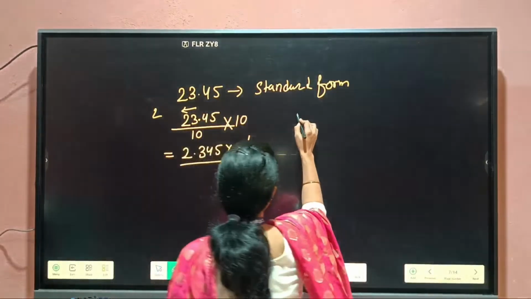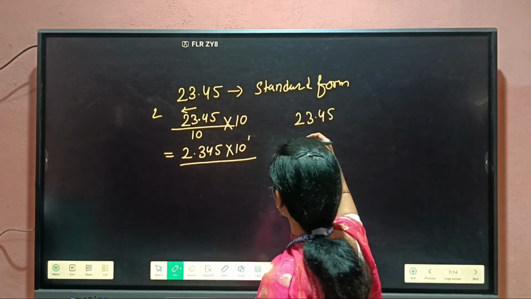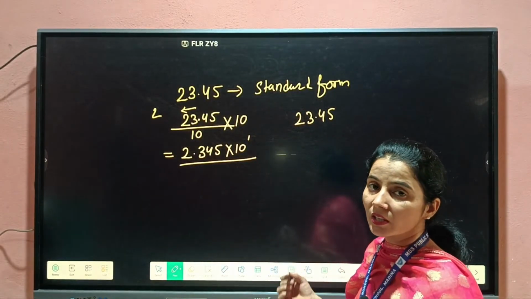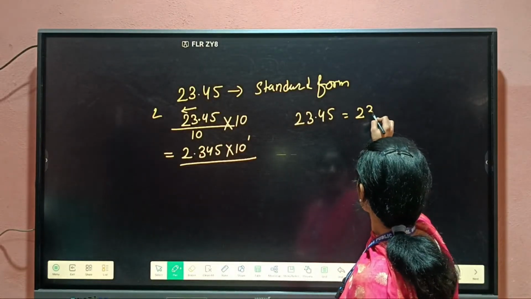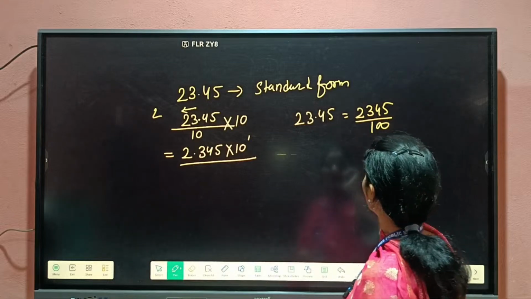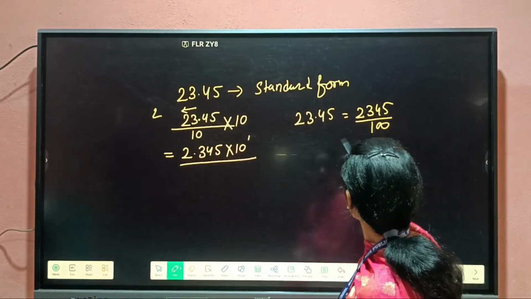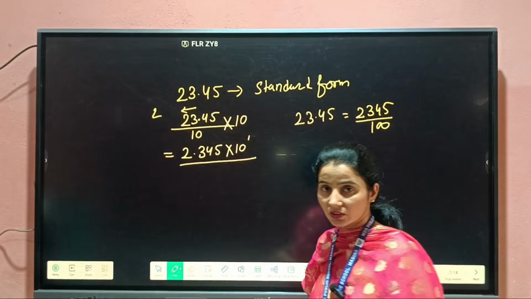And let us see how we did the earlier question, like without the decimal, we represented it in standard form. Remove this decimal, then it will be 2345 by 100. Now I have to insert a decimal before the last 3 digits.